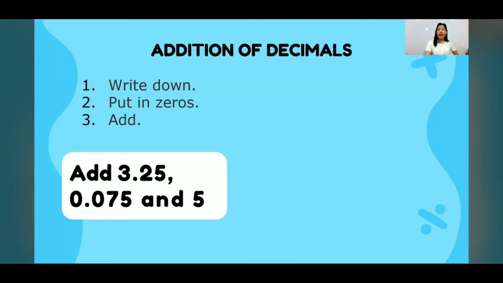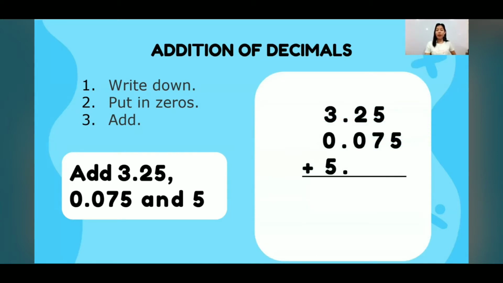Another example, add 3 and 25 hundredths, 75 thousandths, and 5. Here, in our example, we have a whole number. So as you can see, as we write down the numbers, the whole number part was written in line with the other whole numbers. And we will just simply add decimal point after the whole number.